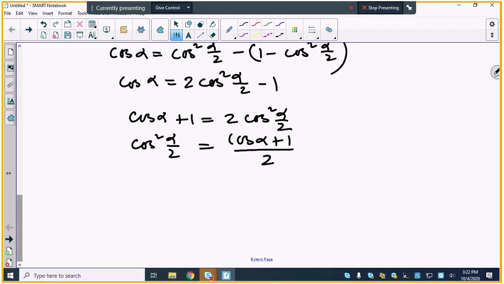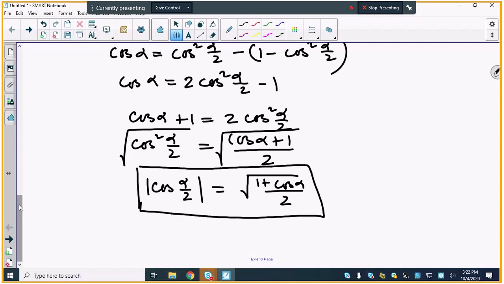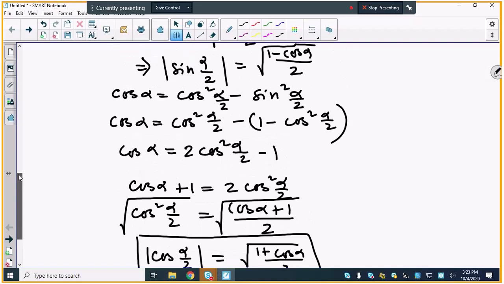Take the square roots on both sides to get cosine alpha over 2 by itself, and you will get the absolute value of cosine alpha over 2 equals the square root of (1 plus cosine alpha) over 2. And that will be the half angle formula for cosine. Again, remember, depending on which quadrant alpha over 2 is going to land in, your value for cosine alpha over 2 will be positive or negative. So the absolute value is absolutely necessary.